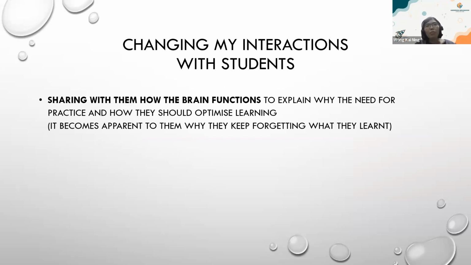But what is more important is tapping on the brain functions to learn well. So I thought, why not help my students understand better how their brain works, so that they do things that help their brain work better, rather than things like taking a brain break and using the phone, and ending up affecting their learning even more.